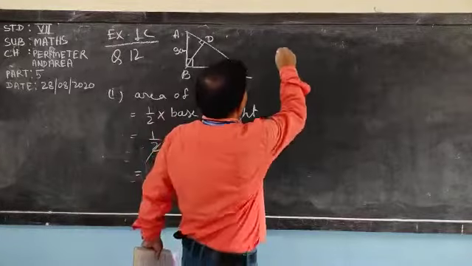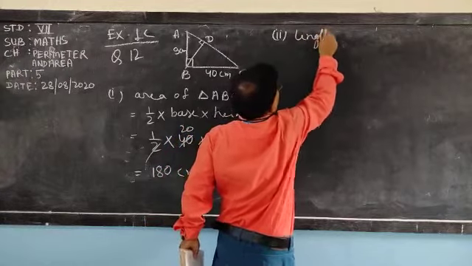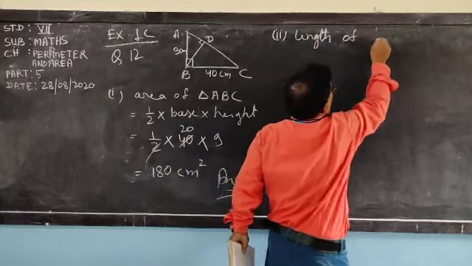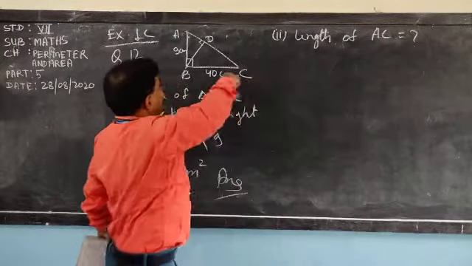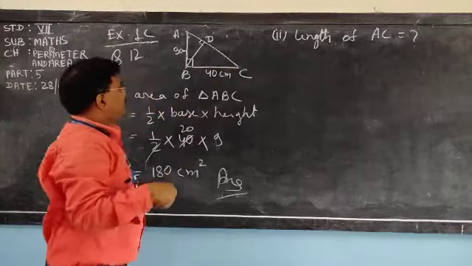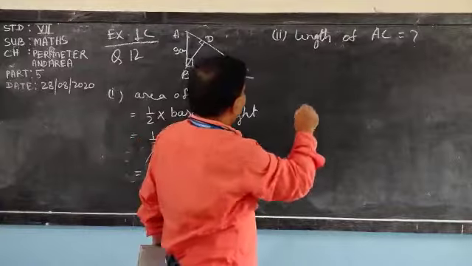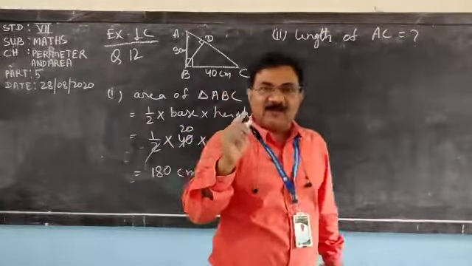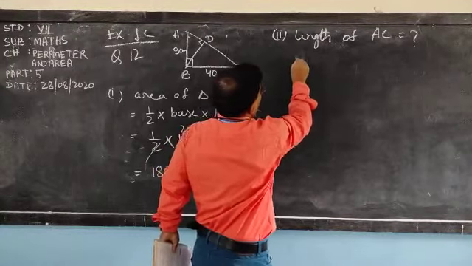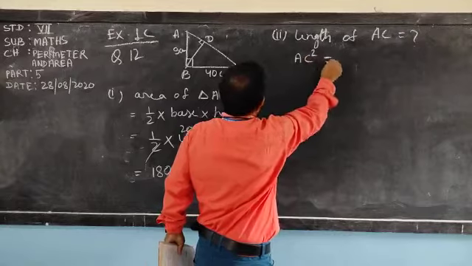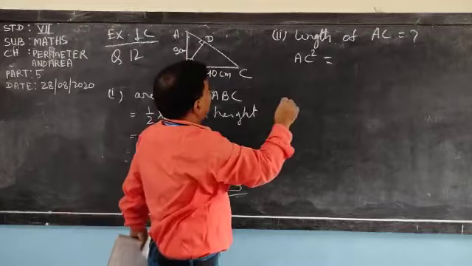Now second question, length of AC. It is a right angle triangle, and in triangle ABC, AC is the hypotenuse. We discussed the Pythagoras theorem: hypotenuse square, or AC square, is equal to P square plus B square.